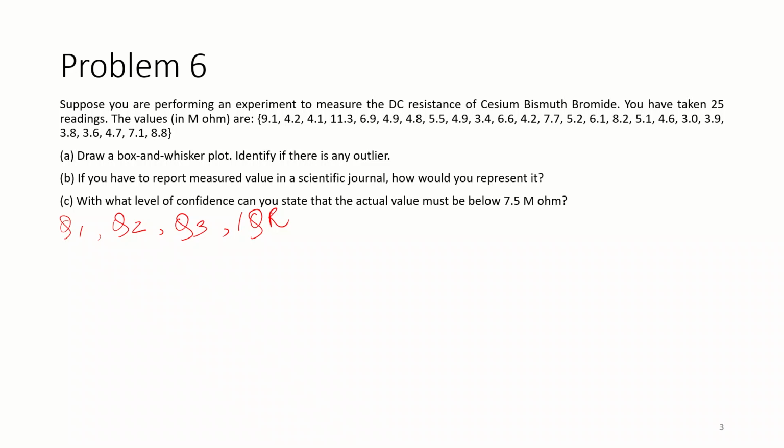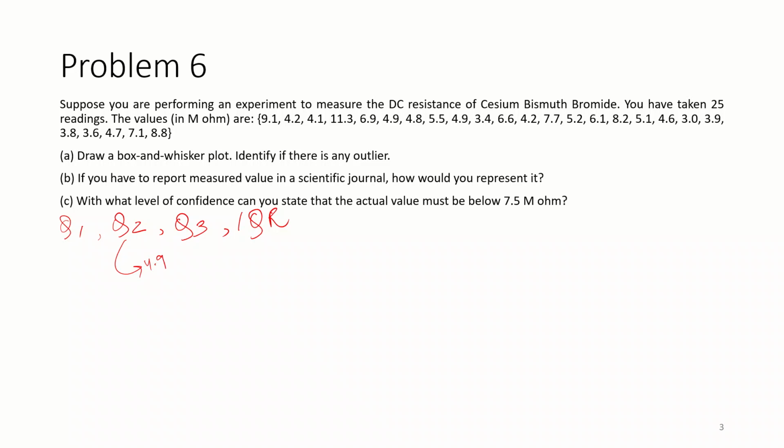There are 25 data points. So the middle term will be the 13th term. The 13th term is 4.9. Okay, so Q2 is 4.9.